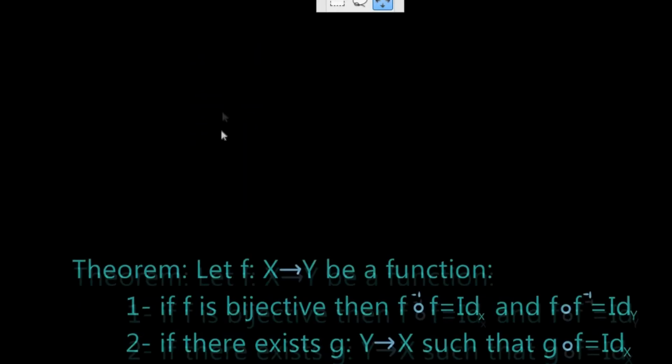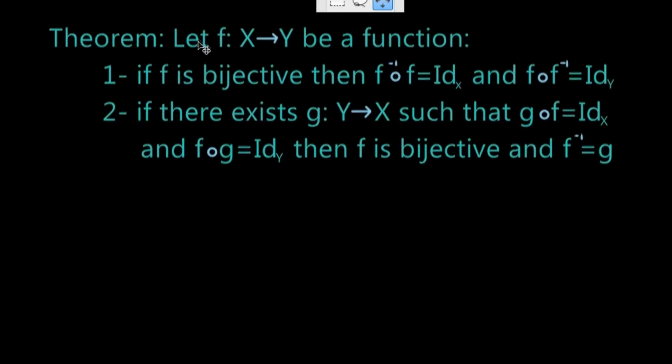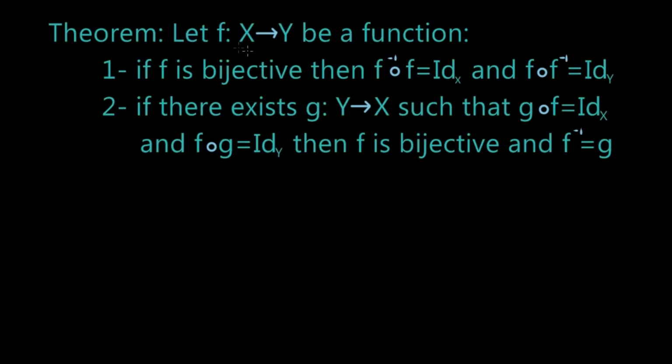So my theorem says we have a function f that goes from x to y, and I say, well, if f is bijective, remember bijective meant injective and surjective, then the composition of the inverse of f with f gives me the identity in x, and the composition of f with its inverse gives me the identity in y.